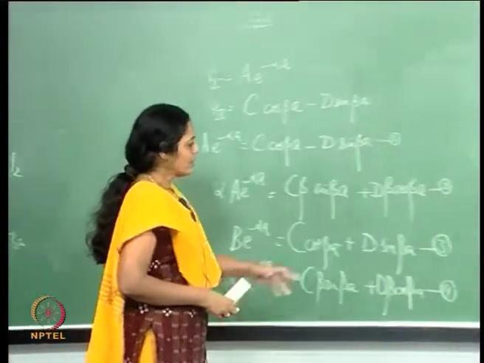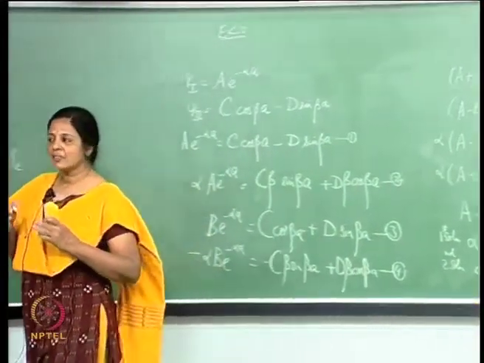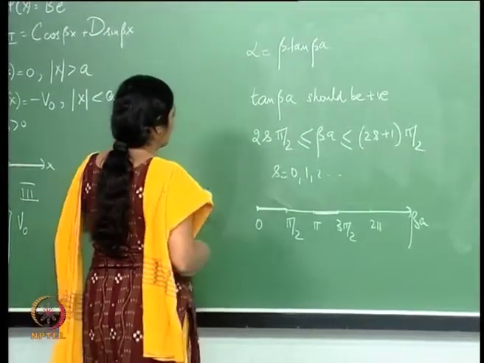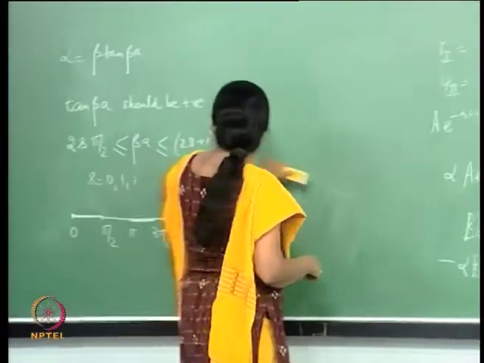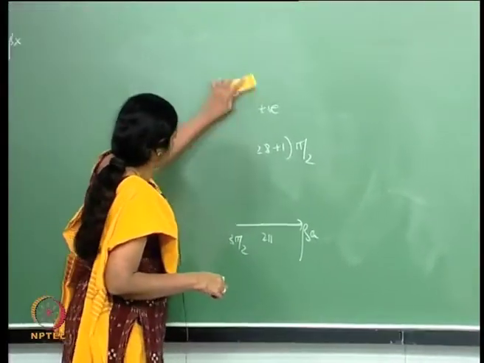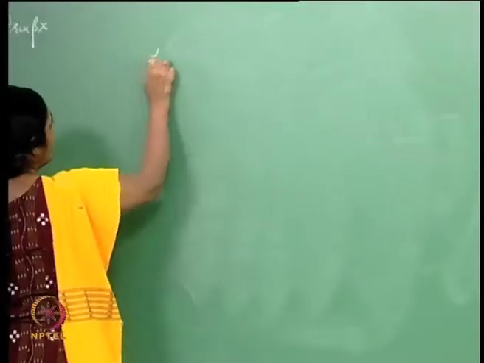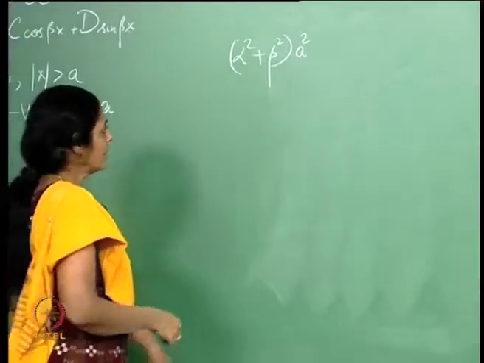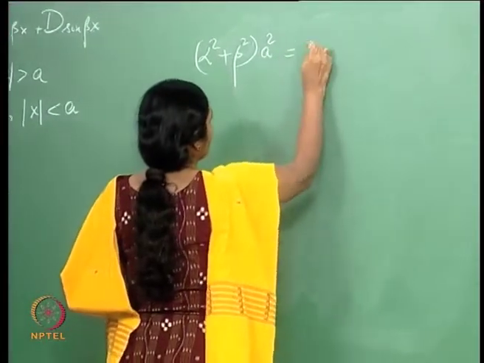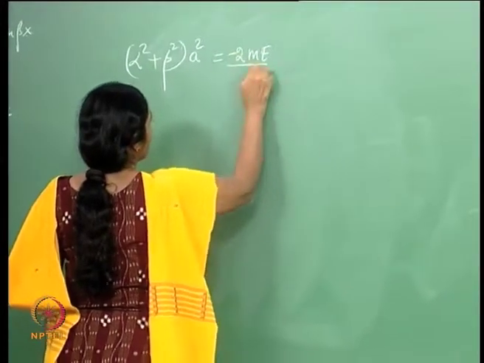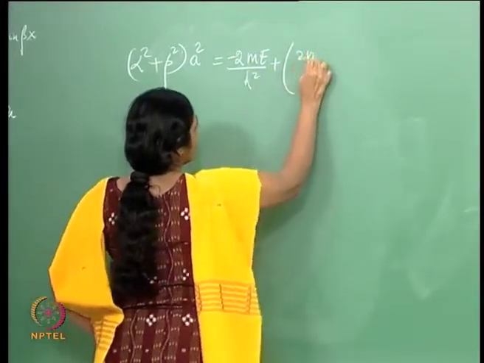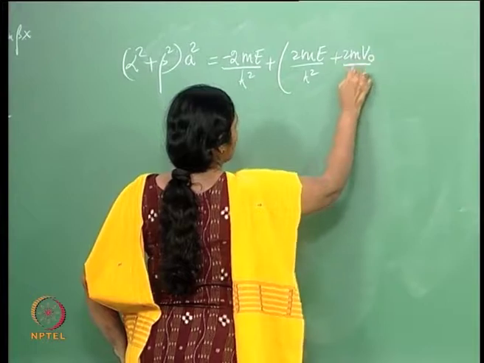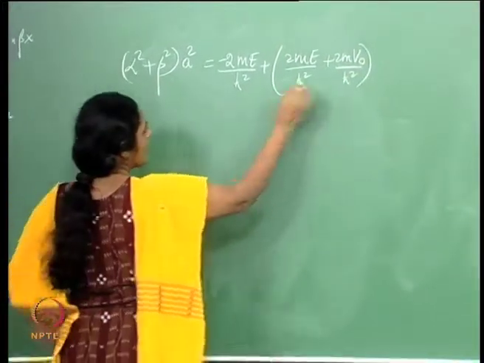Now, let us go back and use the fact that alpha A is dimensionless and beta A is dimensionless, and therefore, I can do the following thing. I can find out alpha squared plus beta squared, times A squared. Now, alpha squared plus beta squared, you will recall, is minus 2mE by h cross squared plus 2mE by h cross squared plus 2mV naught by h cross squared, and therefore, times A squared.